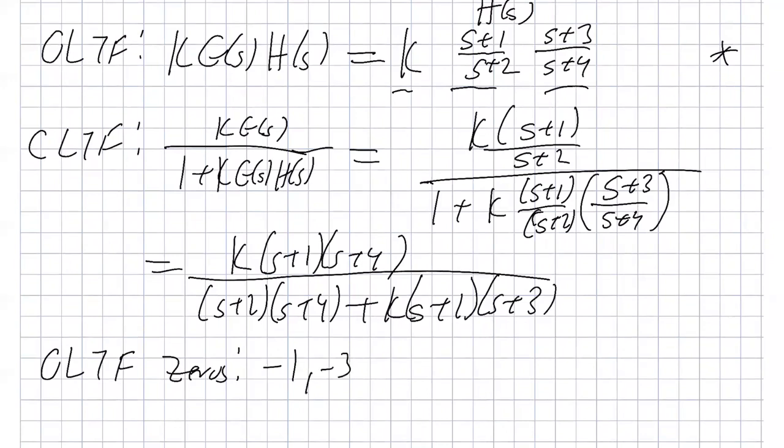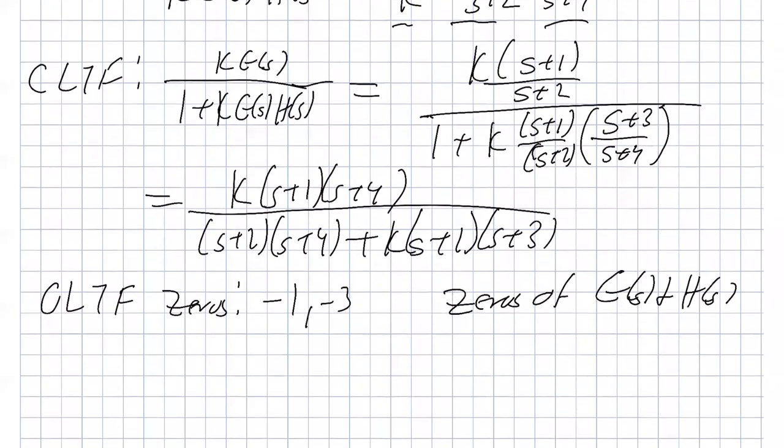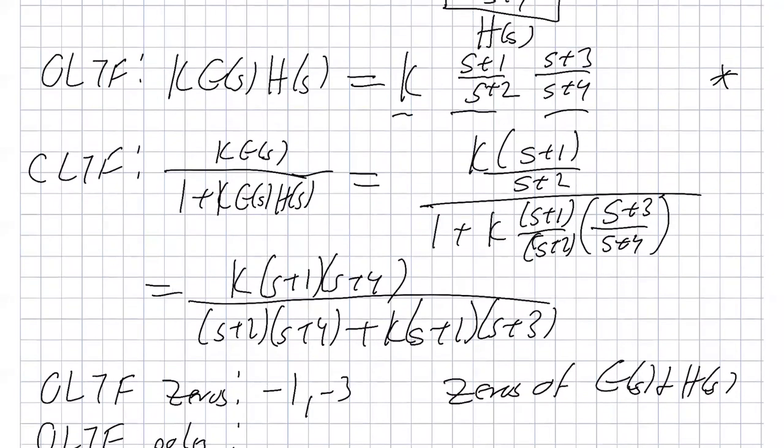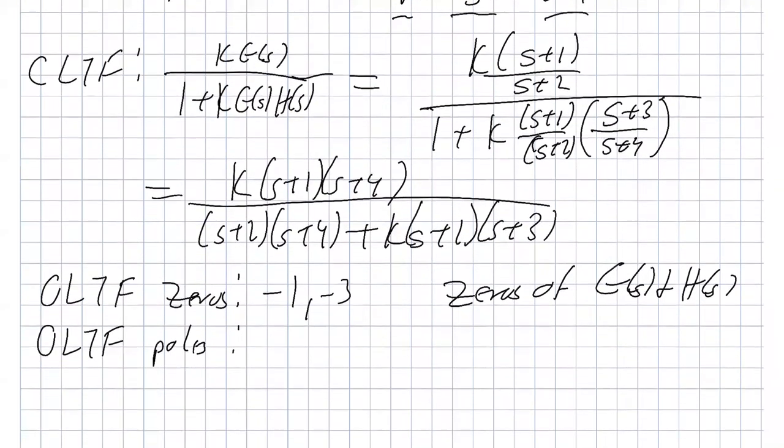The open loop transfer function zeros are simply the zeros of G of s and H of s. And our open loop transfer function poles are, again from the same equation, -2 and -4. These are the poles of G of s and H of s.